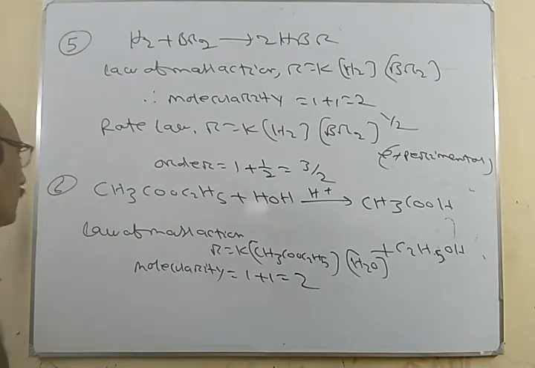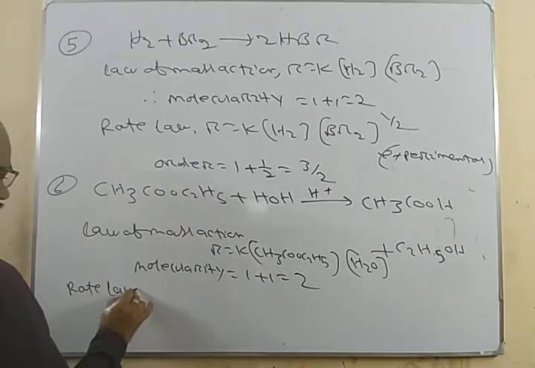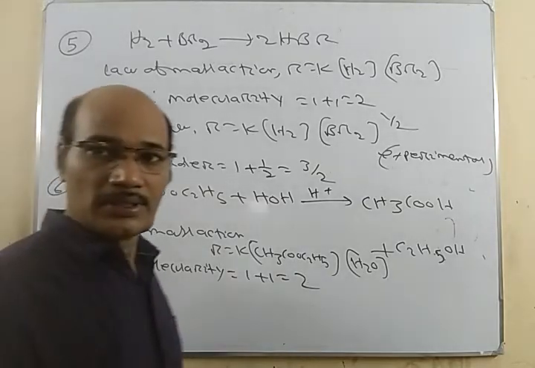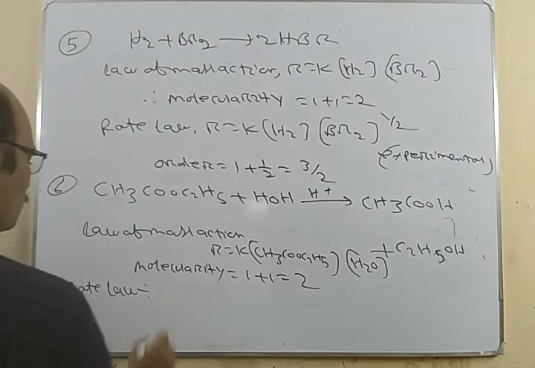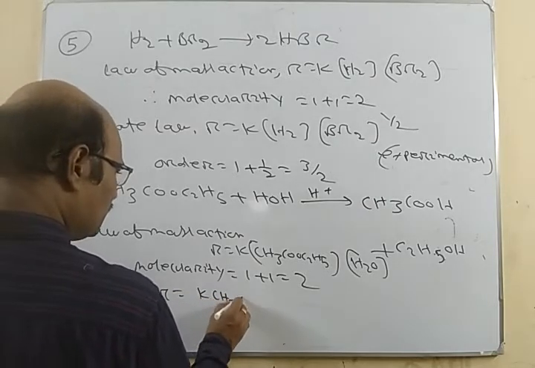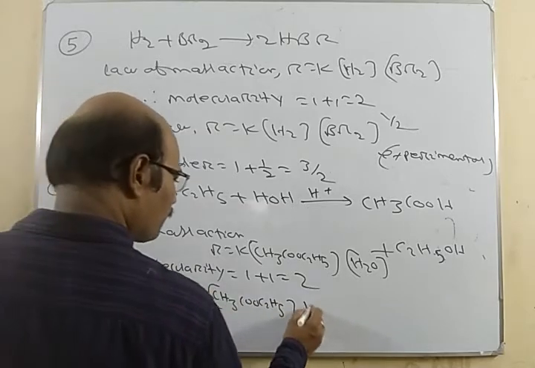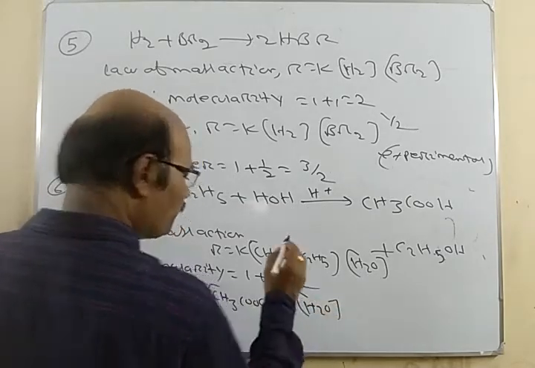Now the rate law is actually R equal to K [CH3COOC2H5] into [H2O].